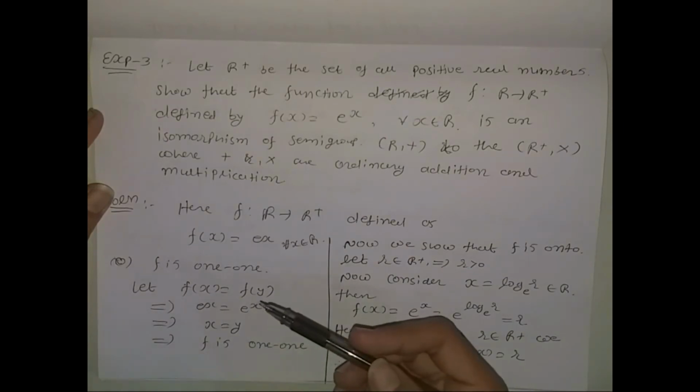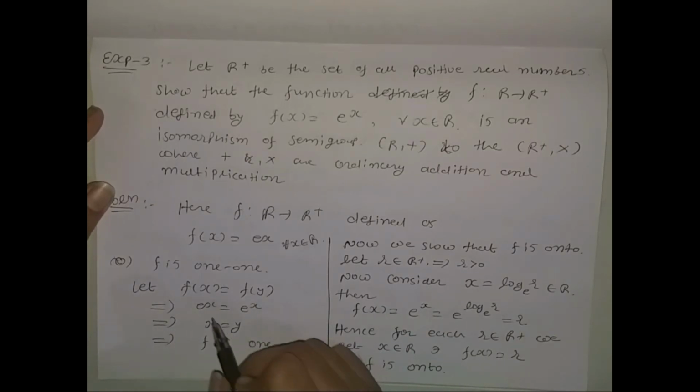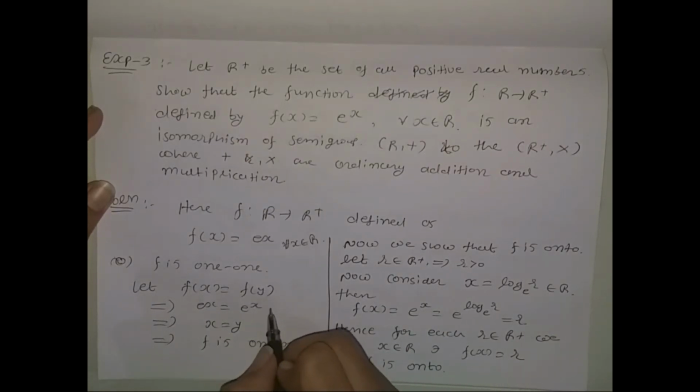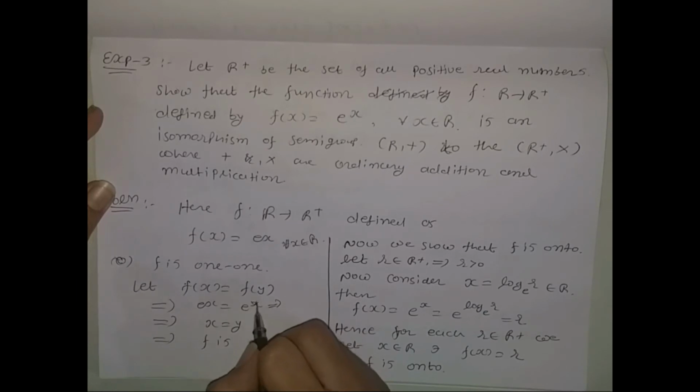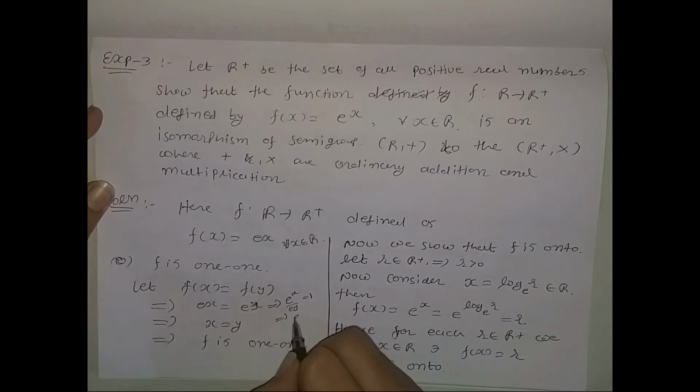For that we consider two elements whose images are the same, so f of x is equal to f of y. This implies e raised to x is equal to e raised to y, so e raised to x upon e raised to y is equal to 1. This implies that e raised to x minus y is equal to 1.